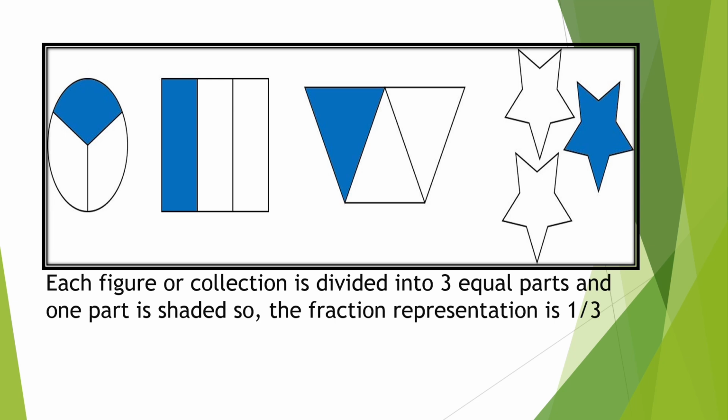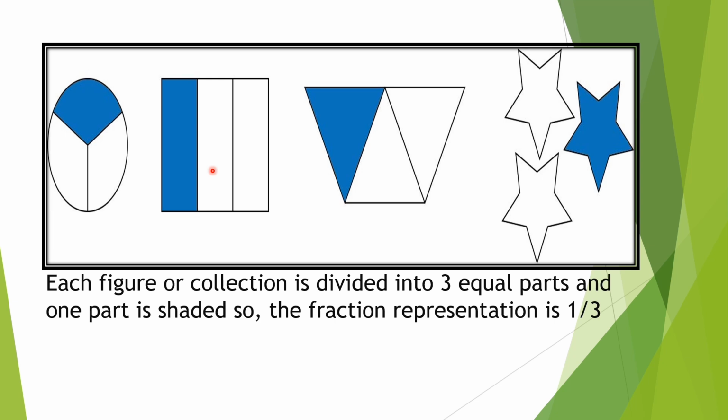Each of the figures over here, or the collection, the third one is the collection of stars, right? Here the first figure is divided into 3 equal parts, so one part is shaded. Here also 3 parts, so one part is shaded. So how will you read the fraction for the given figure? You will read it as 1/3.